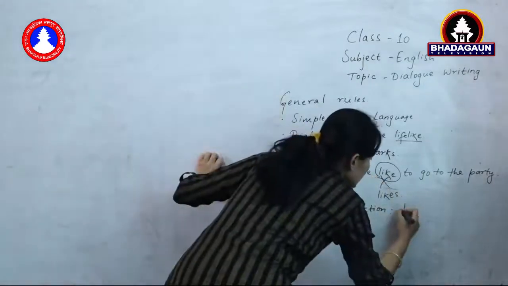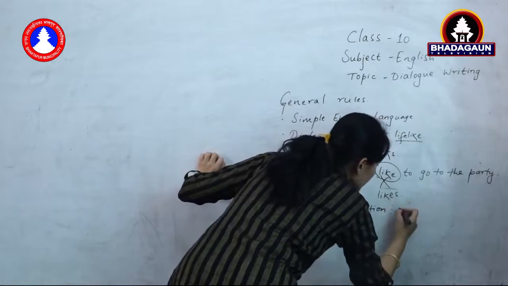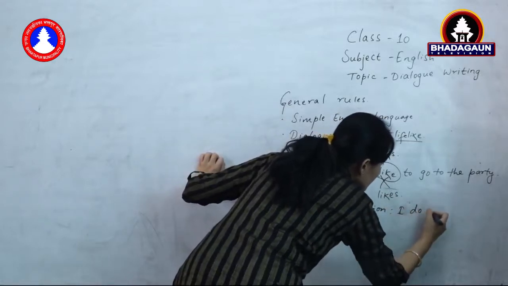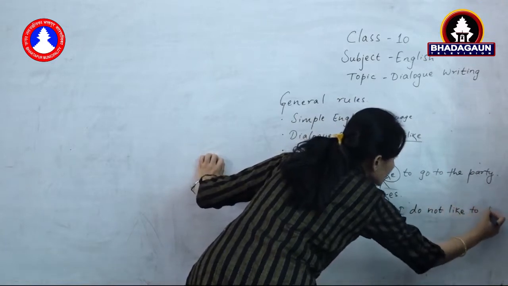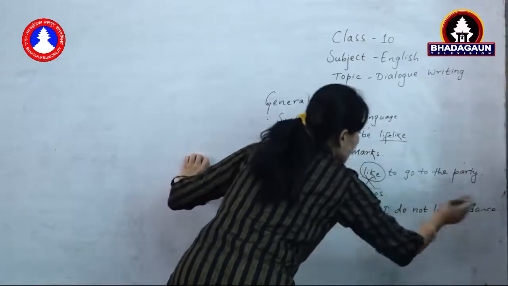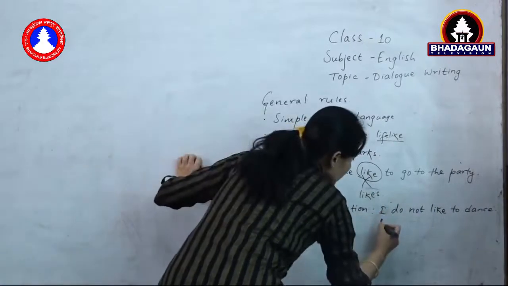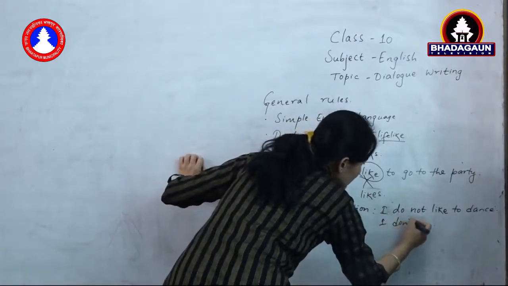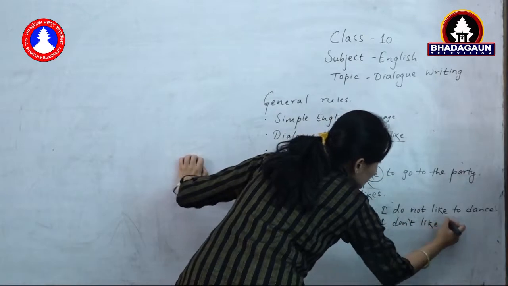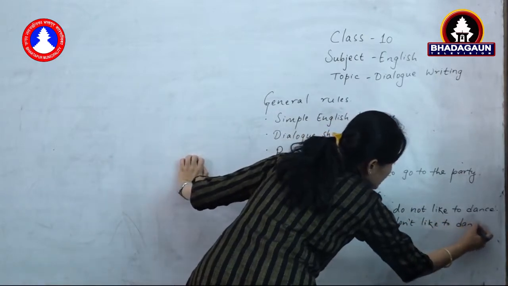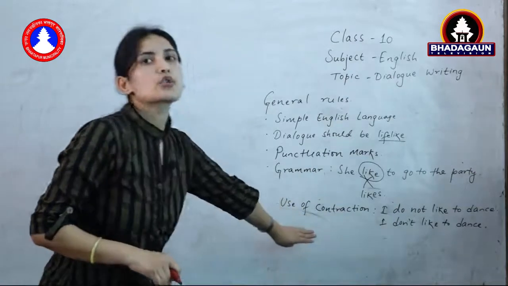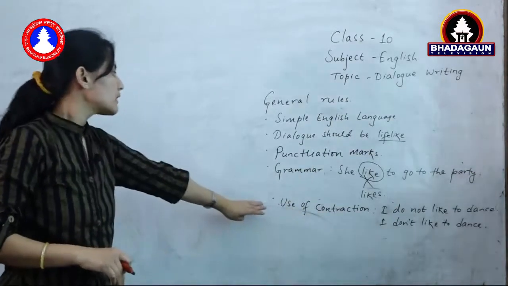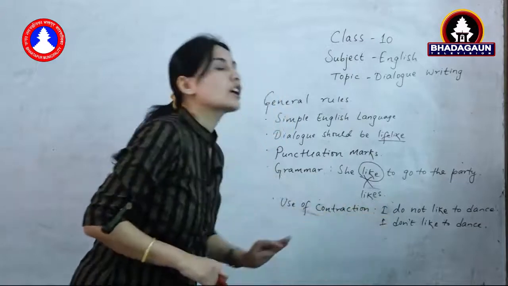So instead of writing "I do not like to dance," you can write "I don't like to dance." So I stress to use contraction in a dialogue.